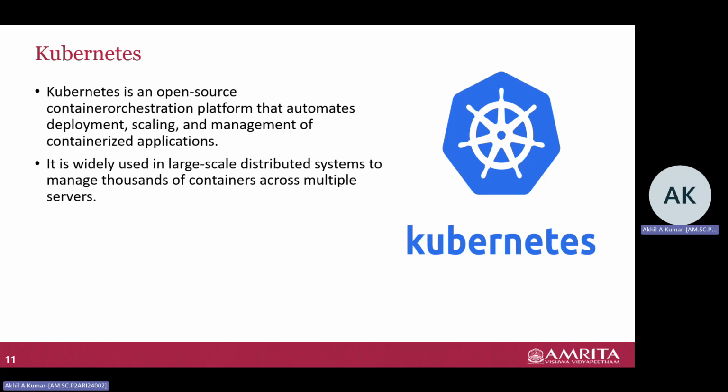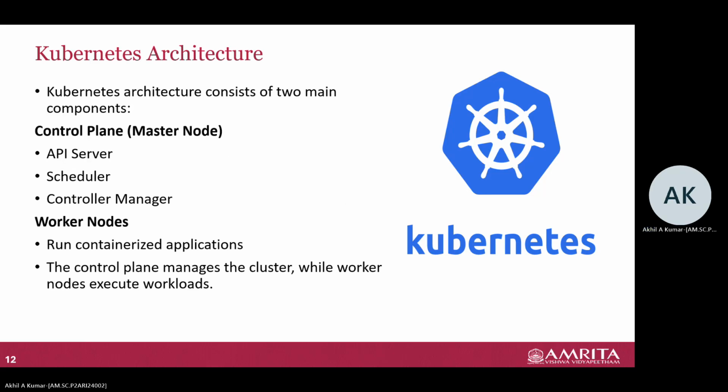Now, features of Kubernetes. Kubernetes provides several important features. The first feature is automatic scaling. It can increase or decrease the number of containers based on the workload. The second feature is self-healing, which is an important feature of Kubernetes.